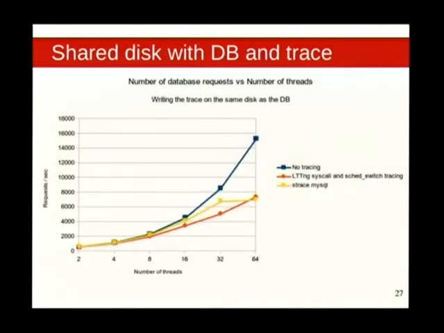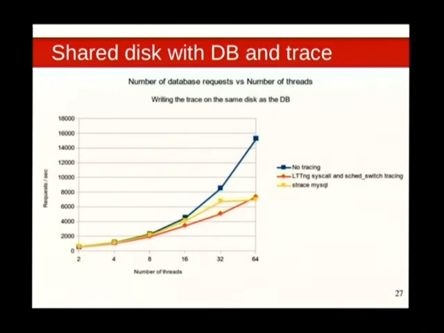On a shared disk, it goes a bit worse, because then you have very high contention on the disk and IOs are through the roof. So no tracing, of course, is high performance, and then you get your strace, which is the yellow one, and LTTng, just scalable. You can see the flat line of strace: when you go to 32 threads on a 32 CPU machine, it doesn't scale at some point.